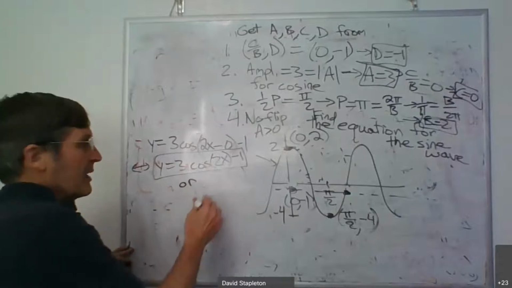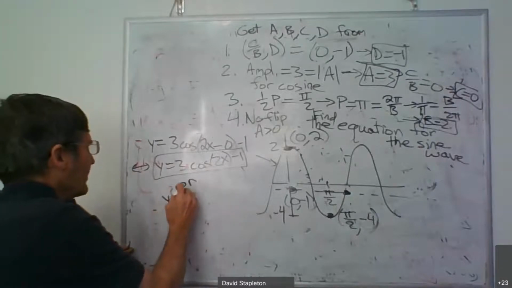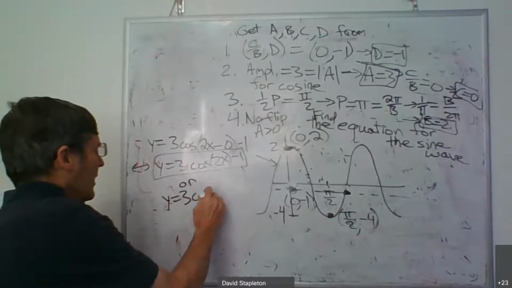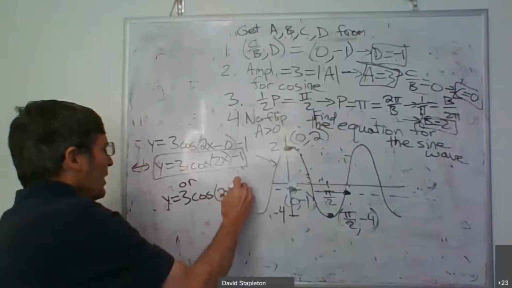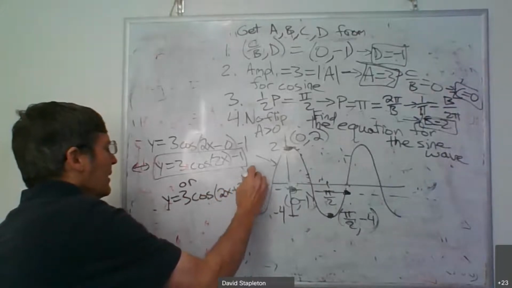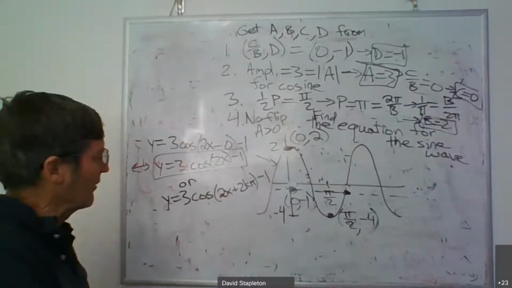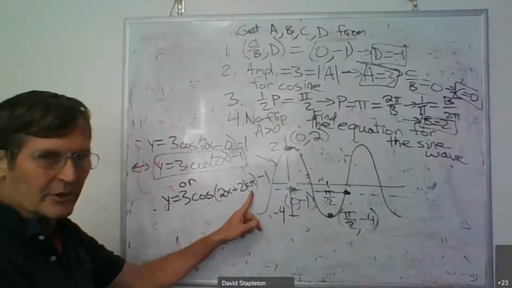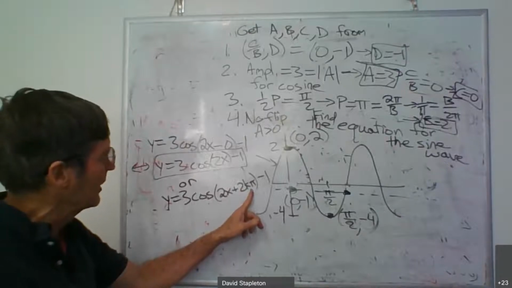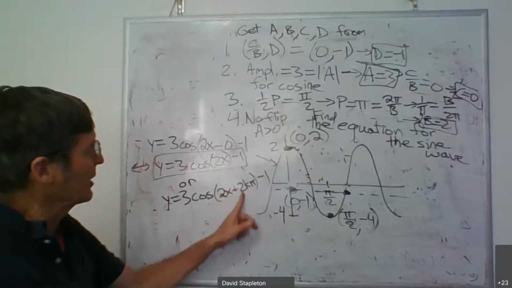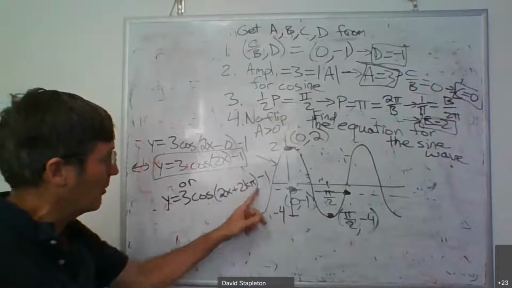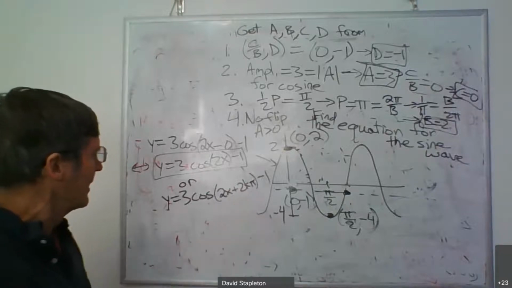What does that mean? Cosine is 2 pi periodic, so any function of this form, y equals 3 cosine of 2x plus 2k pi, minus 1, has the same graph, right? If k is any integer, 0, 1, minus 1, 2, minus 2, so you add a whole multiple of 2 pi, plus or minus.